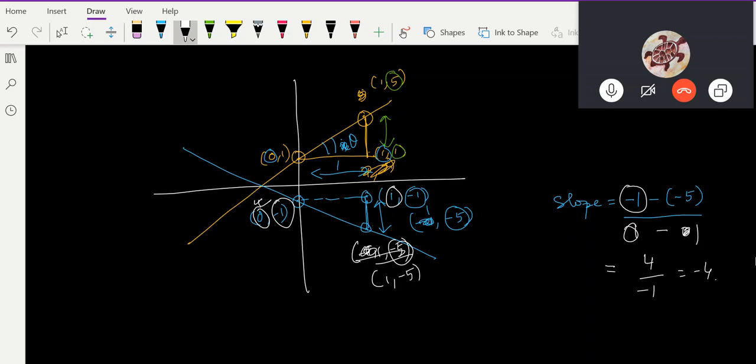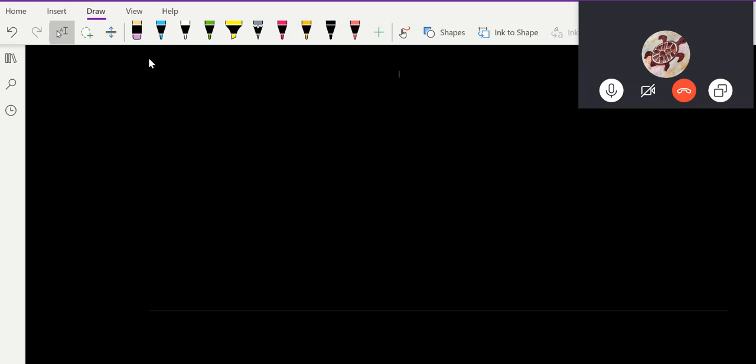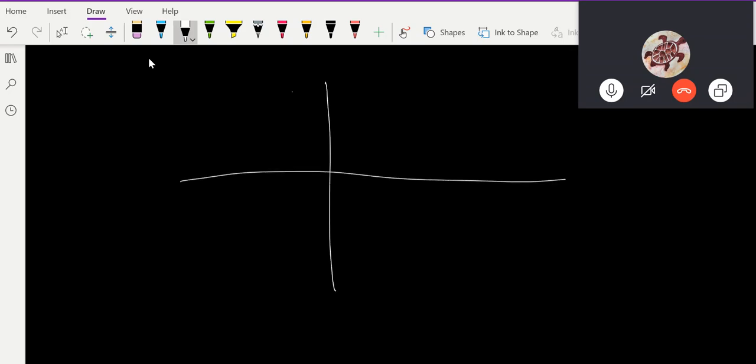And if I do this in terms of the angle, then what happens? In this case, the angle is an obtuse angle, right? Always take the angle from the positive direction of the x-axis.